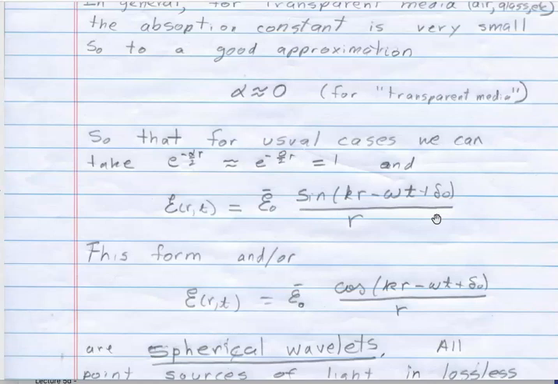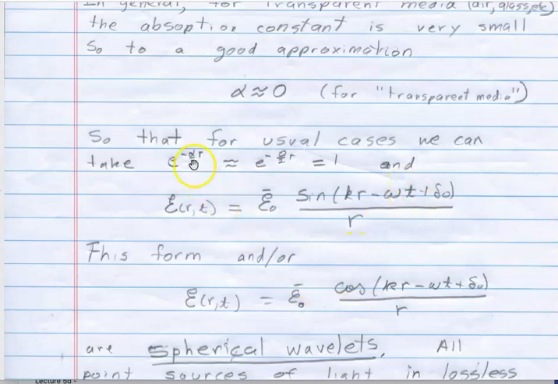As a result, there can be a very small damping factor, even for propagation through what we would generally call the vacuum, or intergalactic or interstellar space, over very, very large distances.